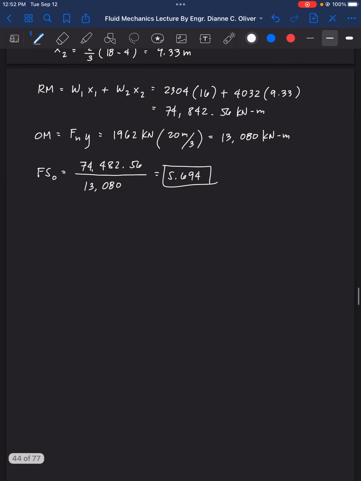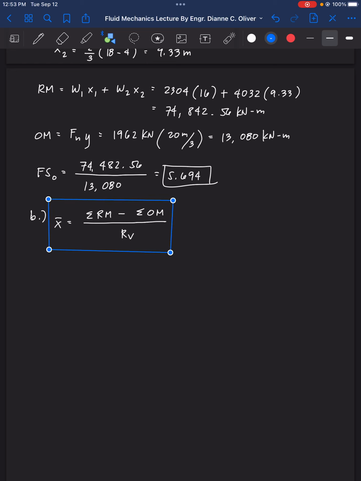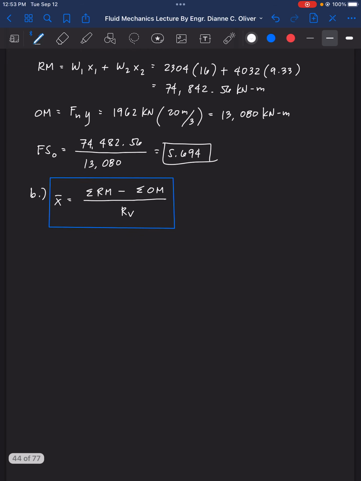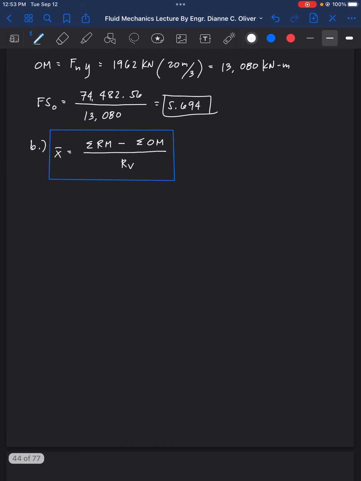Let's compute for X bar here. Now the formula for X bar: X bar is equal to summation of RM minus summation of OM, all over RV. This is one of the formulas. We already have RM and OM, right?